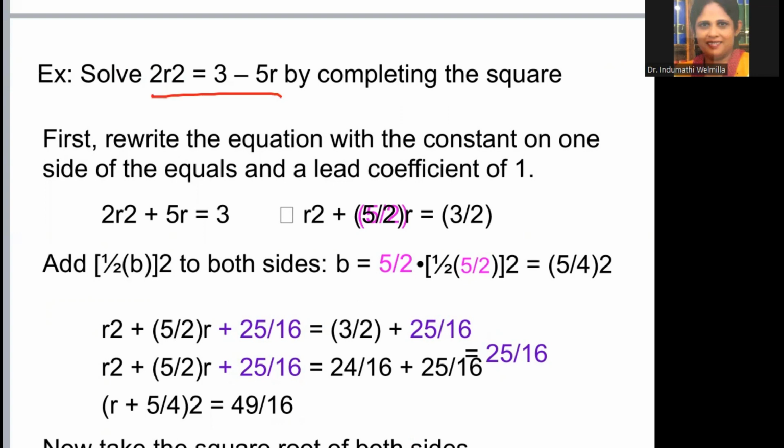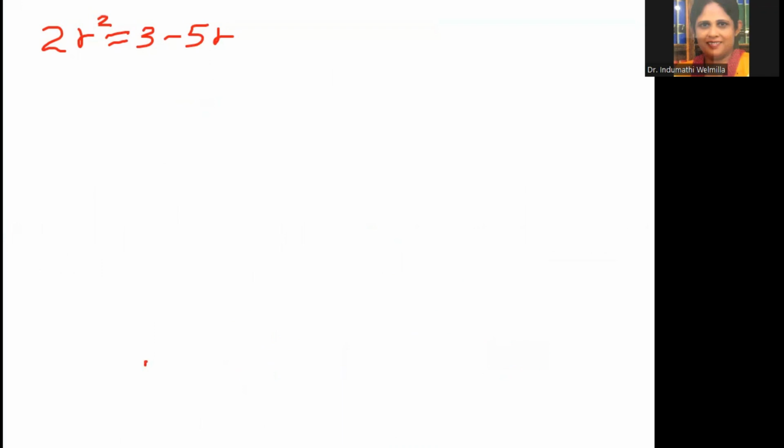I'll write it again. r is the unknown variable. 2r squared equals 3 minus 5r. So yes, this is the given equation, right?